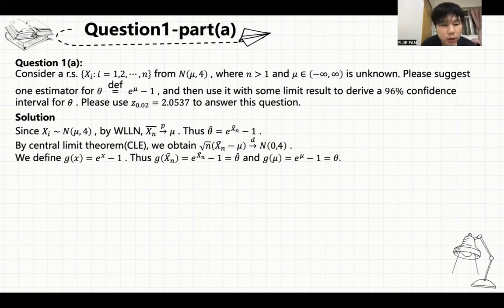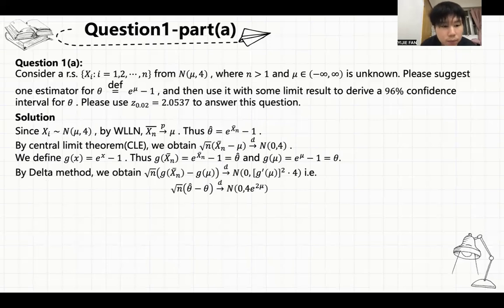Then we define g(x), which is equal to x power e minus 1. Therefore, g(Xn bar) is equal to theta hat, and g(mu) is equal to theta. Okay, and by the delta method, we obtain a new convergent relation.